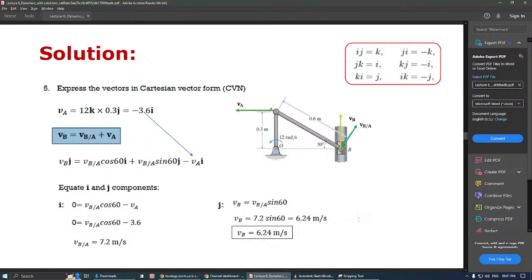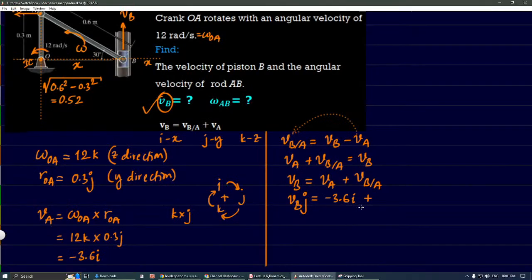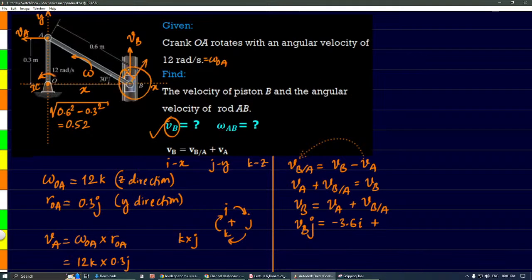Velocity of B with respect to A will be perpendicular to this, right? It will be perpendicular to the link AB. Velocity of B will be vertical, that is absolute velocity.